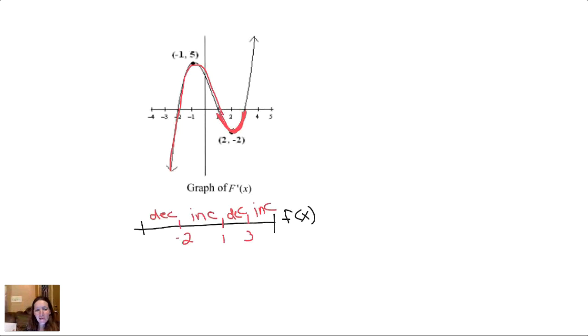In the last one, I didn't really talk about where the maxes and mins were, but we could have, right? We know that a max and min happens when the function is going from increasing to decreasing. So let's talk about that in this one, right? If my function is decreasing and then it starts increasing at -2, we have our decrease and then our increase. That means that we have a minimum at x equals -2.